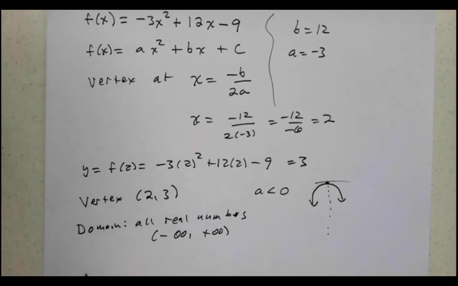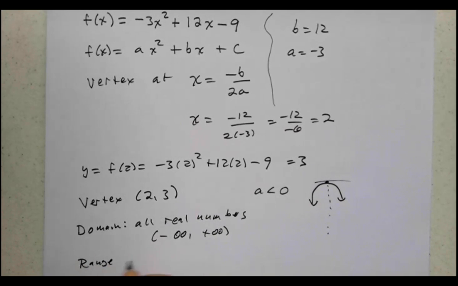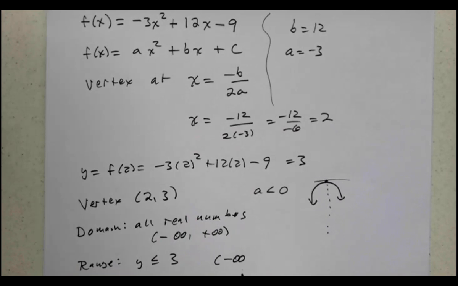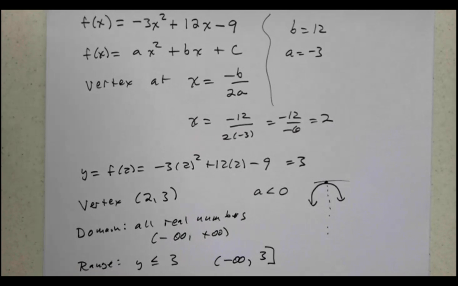So the range will be y is less than or equal to 3. In interval notation, minus infinity, comma 3, square bracket. But let's go ahead and check this on Desmos and see if that's the case. And then we can answer our min-max question.